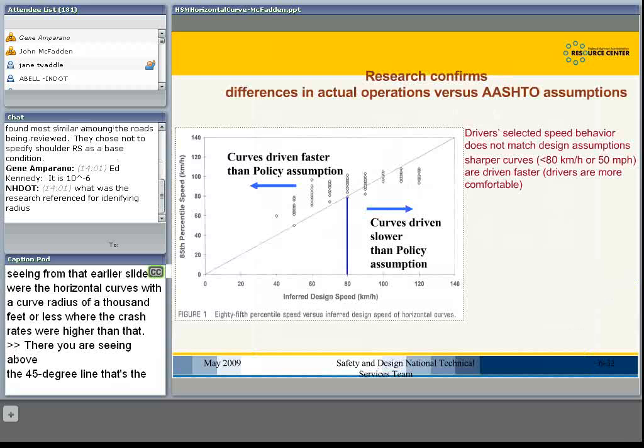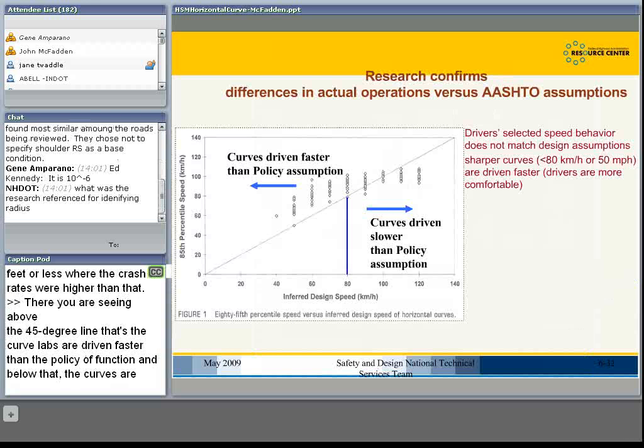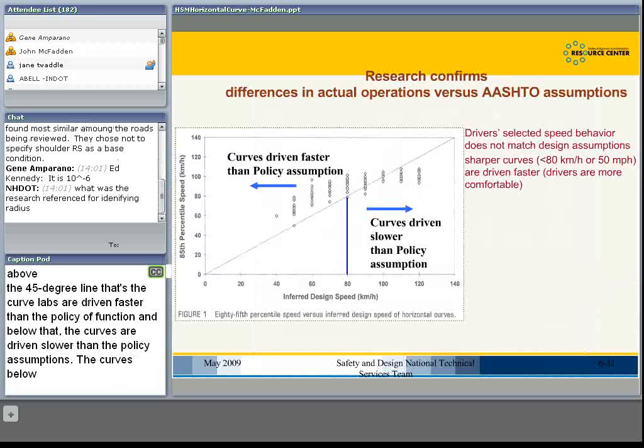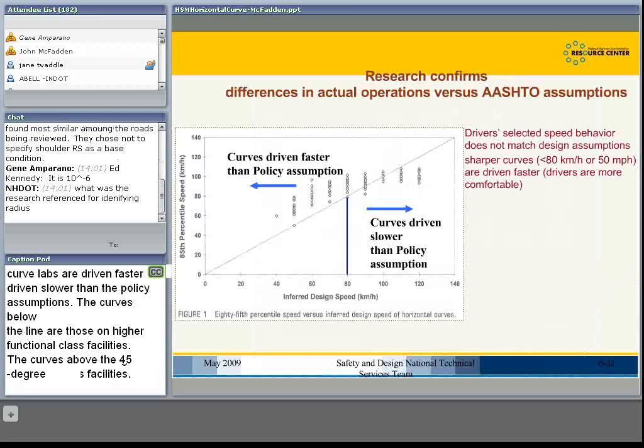Above that 45-degree line, the curves are driven faster than the policy assumption. Below that 45-degree line, the curves are driven slower than the policy assumption. The curves below the line are typically those on higher functional class facilities.